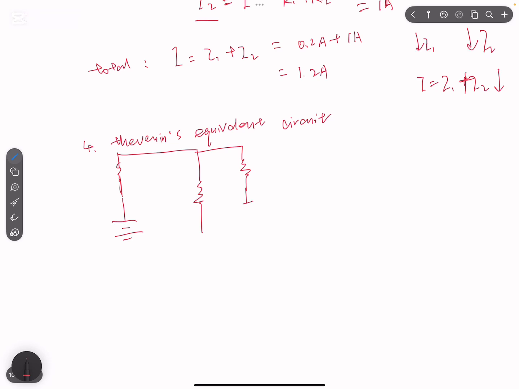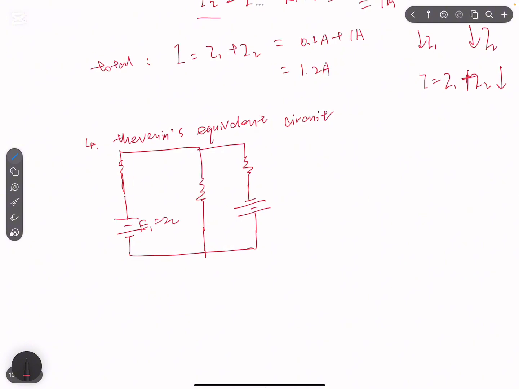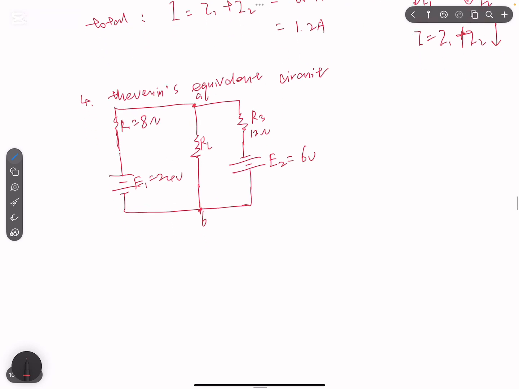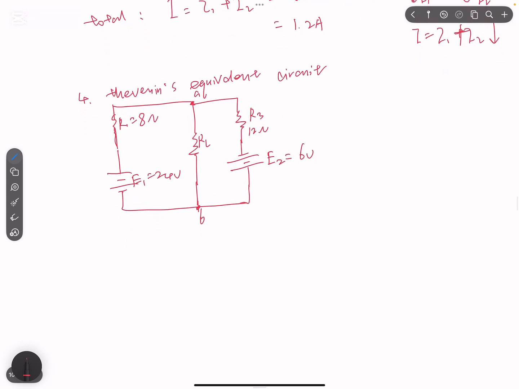We have another power source. So this is E1 equals 24 volts, and E2 equals 6 volts. R3 is 12 ohms. This is A, this is B. We have R1 equals 8 ohms. So we need to find the equivalent circuit for this.